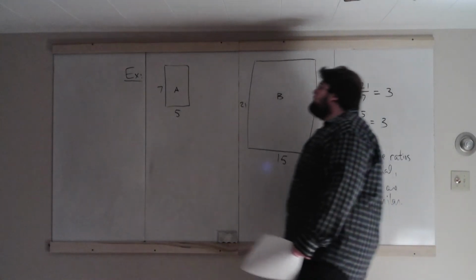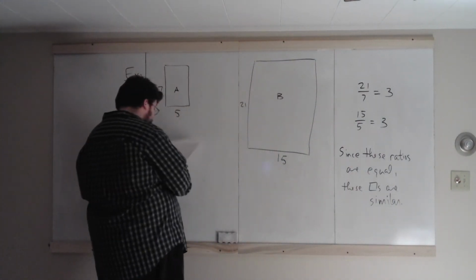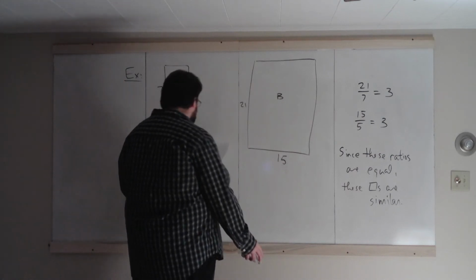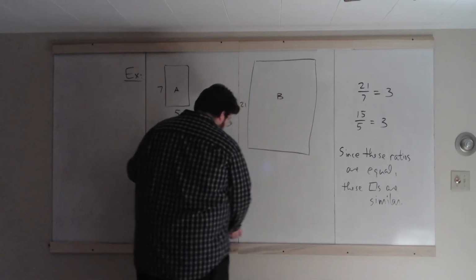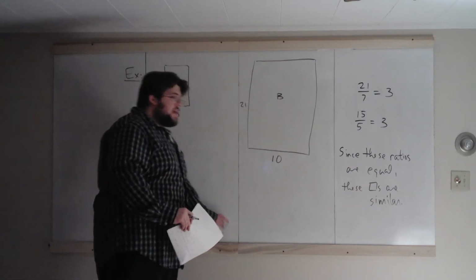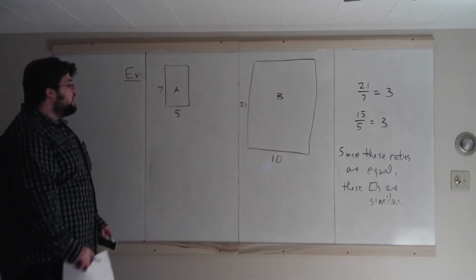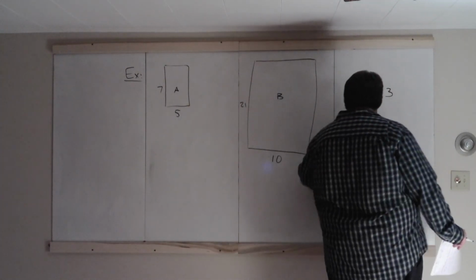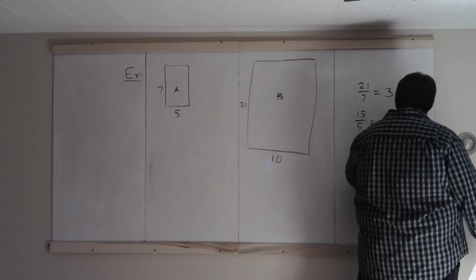Now, if you had an example like this, let's say instead of 21 and 15, let's say we had 21 and 10. Well, second example, are these two rectangles similar? Well, you would again do a ratio of sides argument.